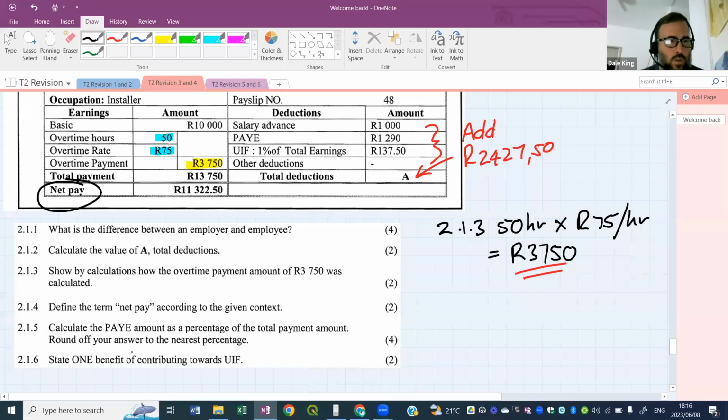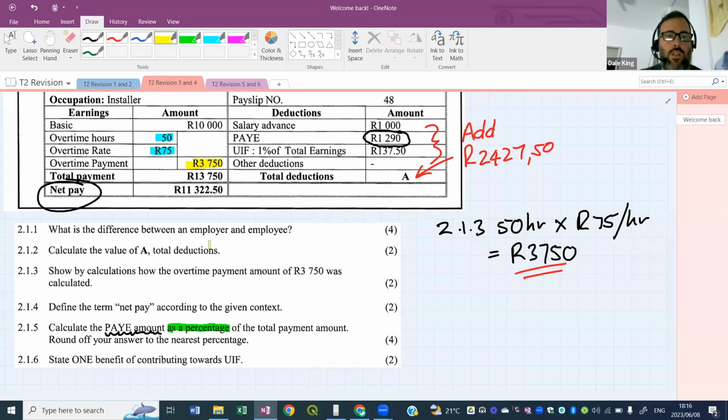All right, we're on 215. Calculate the PAYE amount as a percentage. So the PAYE amount, where is that? That is up here, 1,290. Calculate that as a percentage. As a percentage of what?